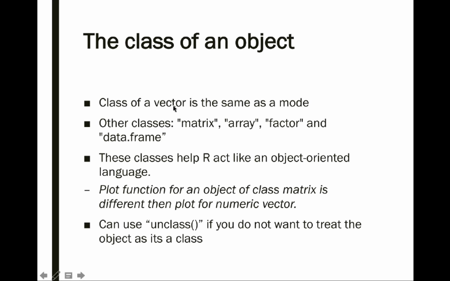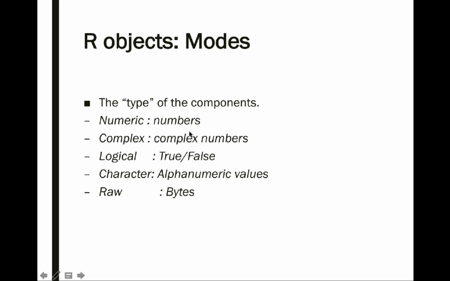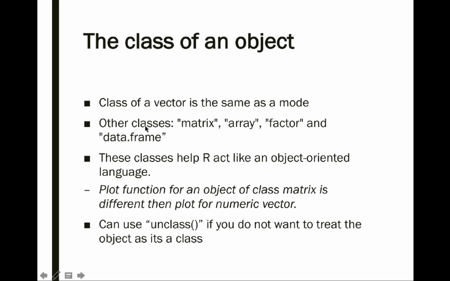When we talk about vectors, which are one-dimensional, the class or the type of object is basically the mode, which means the type of values it's storing. Some other classes are matrix, arrays, factors, data frames. We'll go through a bunch of these. There's also one called list.